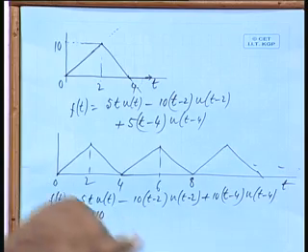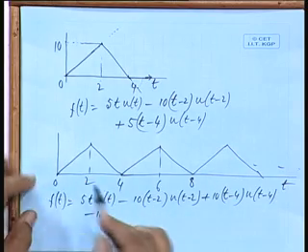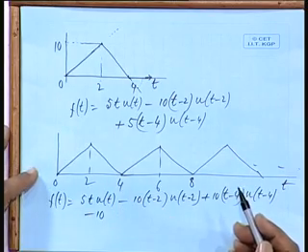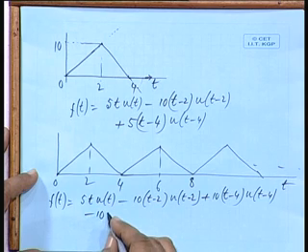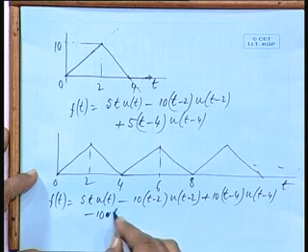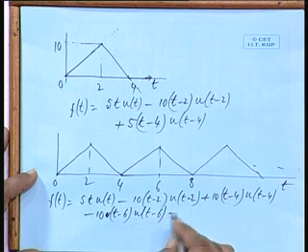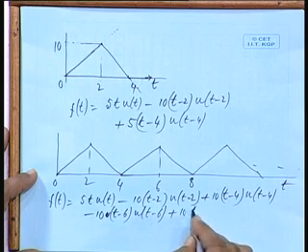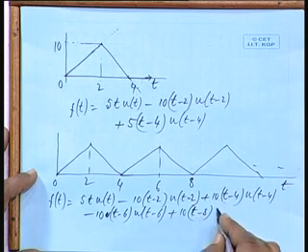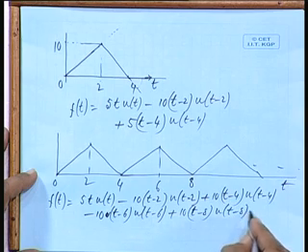So, it is alternately plus 10 and minus 10 at an interval of 2 seconds. Okay. So, minus 10(t minus 6) u(t minus 6) plus 10(t minus 8) and so on. So, generalize it, u(t minus 8) and so on.